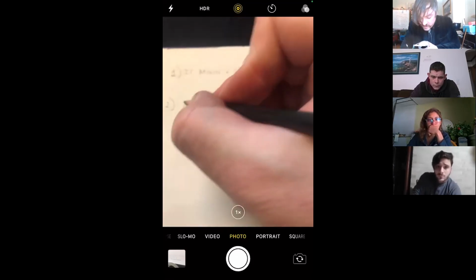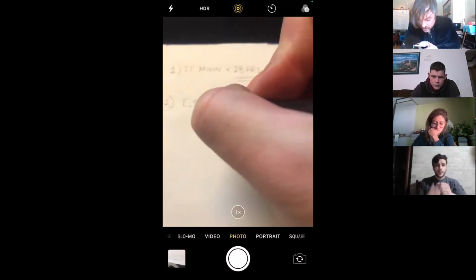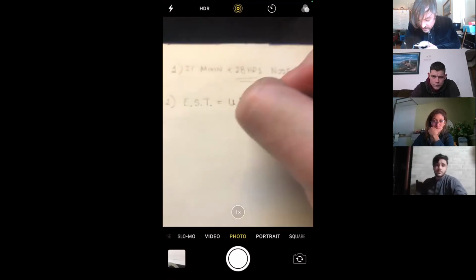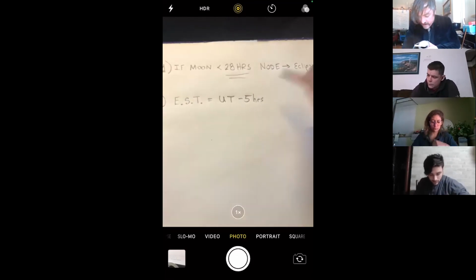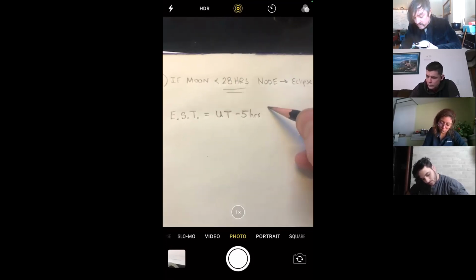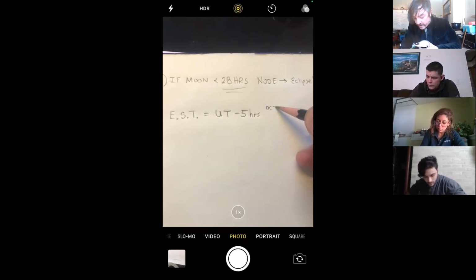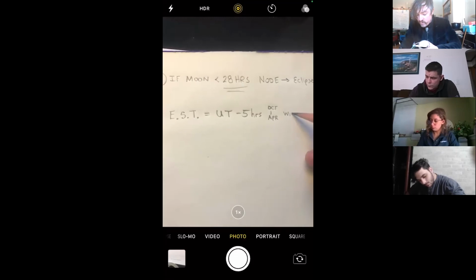To go to Eastern Standard Time, which is what we are on right now, Eastern Standard Time is universal time minus 5 hours. But remember, we have daylight savings time. Eastern Standard Time only lasts from October through April. So basically, Eastern Standard Time is winter months.